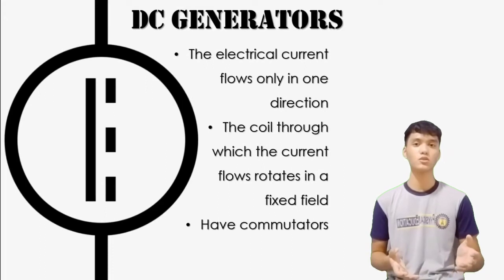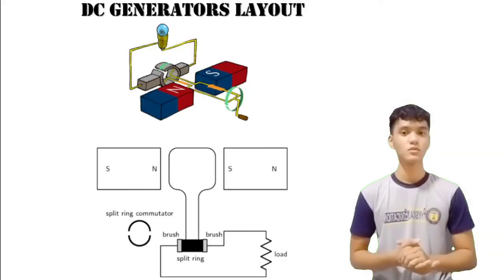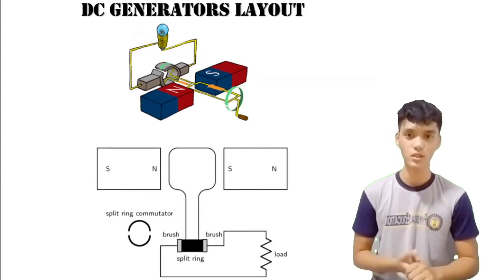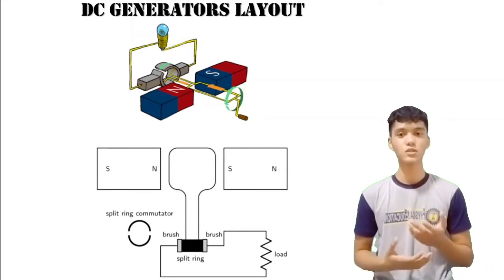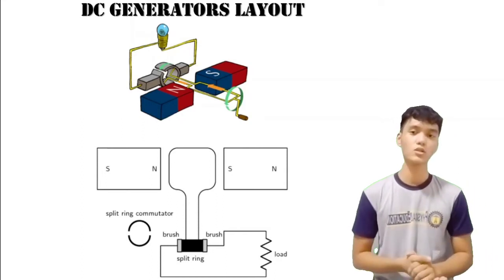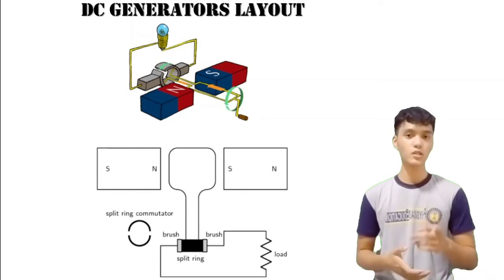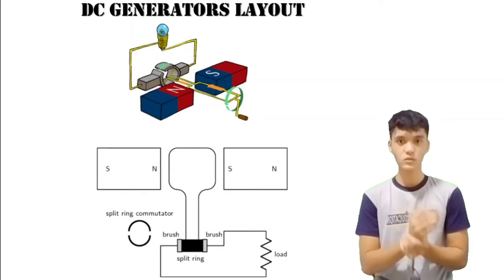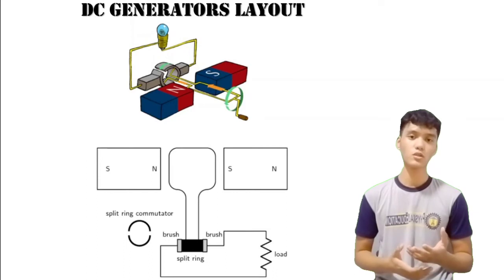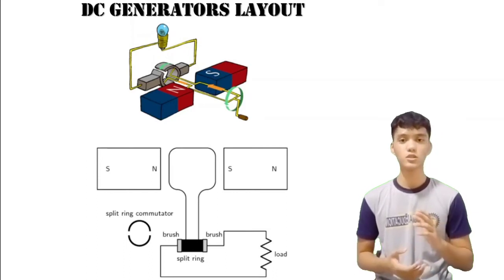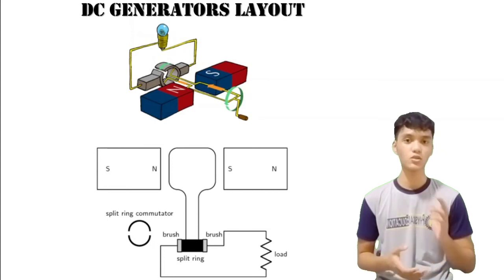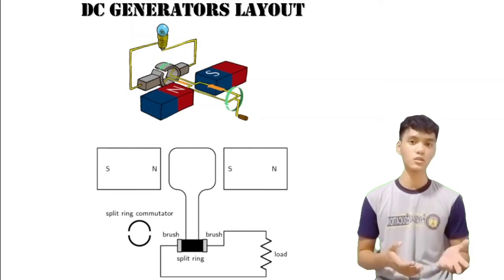DC generators also have a split ring. A simple DC generator is constructed the same way as an AC generator, except that there is one slip ring which is split into two pieces, called a commutator. So the current in the external circuit does not change direction. The split ring commutator accommodates for the change in direction of the current in the loop, thus creating direct current, with current going through the brushes and out to the circuit.